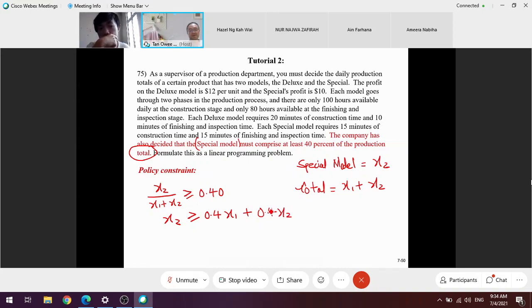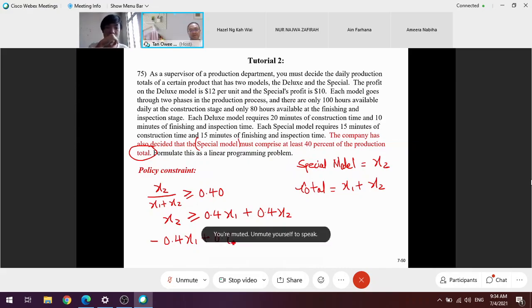Then I want to bring x1 to my left hand side in order to be in parallel with the formats of the rest of the constraints. So I become negative 0.4 x1 plus 0.6 x2, then 0.